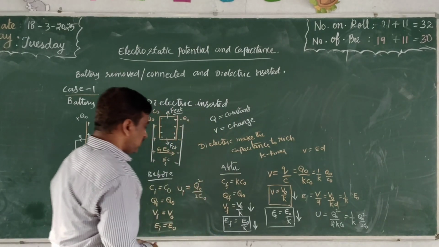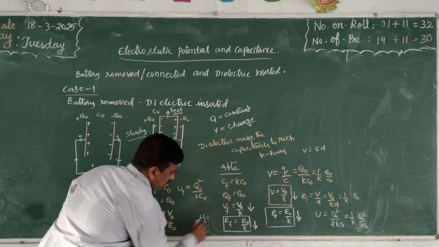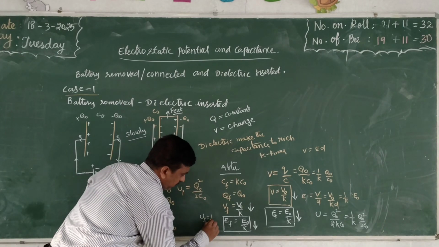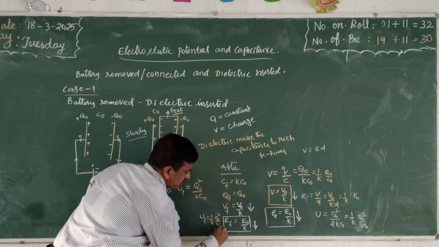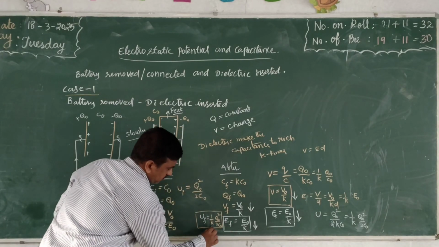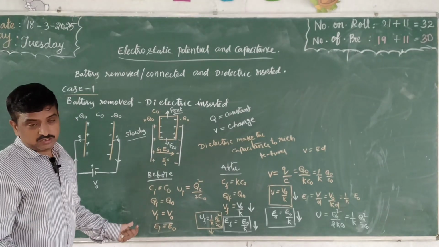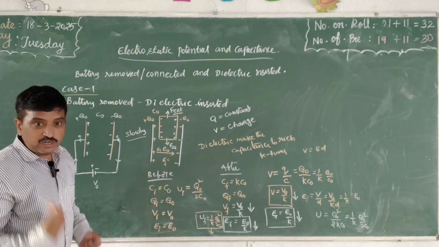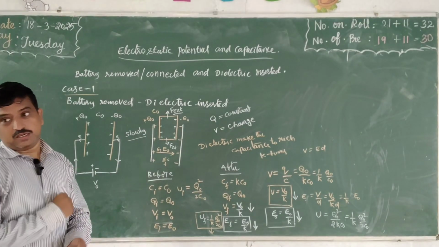For the final energy, the charge is the same, Q naught, and the capacitance increases K times, so it is Q naught square by 2 K C naught, which is 1 by K times Q naught square by 2 C naught. So the potential energy decreases K times, and the electric field also decreases, when the battery is removed and the dielectric is inserted.